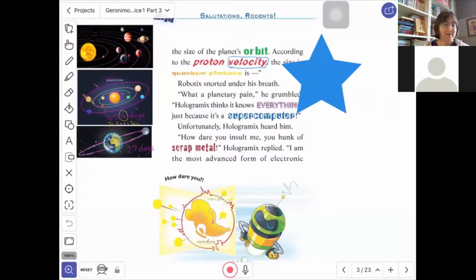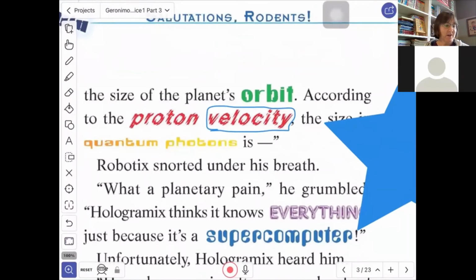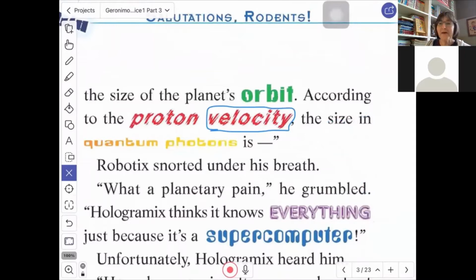For example, do you see right here where the author said proton velocity? Do you see my red dot? Yes. Well, when you think about the video that you just saw and you picture the atom, what's moving fast? Is it the proton in the middle or the electrons on the outside?